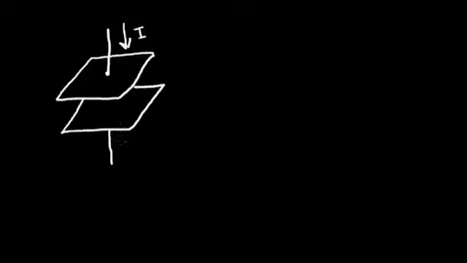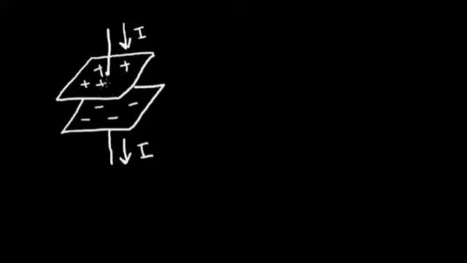If I induce a current into this top terminal, I get a current flowing out the bottom terminal that's the same I. So as this current flows into the top terminal, I get a positive charge on the top plate. And at the same time, I get a bottom plate charge that's negative.